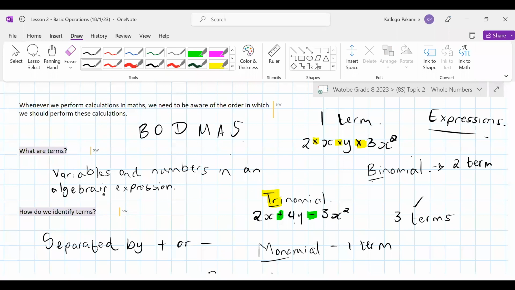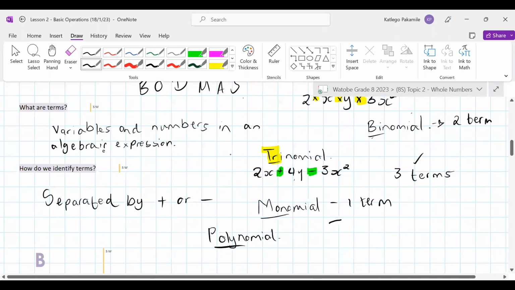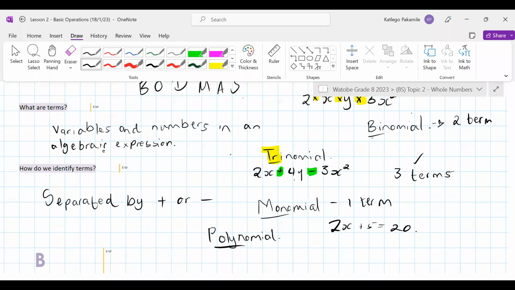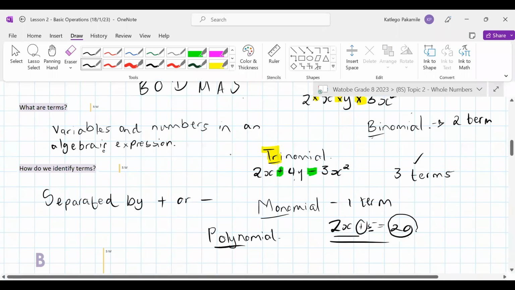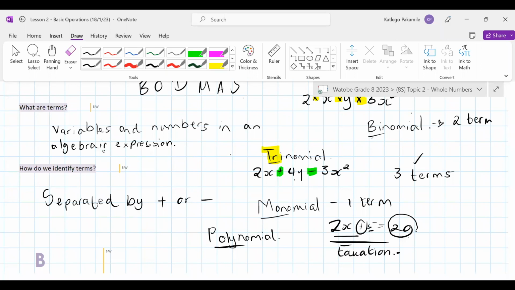But in your case, if you say, let's say 2x plus 5 equals 20, that is still 3 terms, okay? Because on the one side, you have 2x and you have a plus, you have 5. But this is not an expression, it is an equation. Did I answer your question? Yes, ma'am. Wonderful. Thank you for asking. You're welcome.